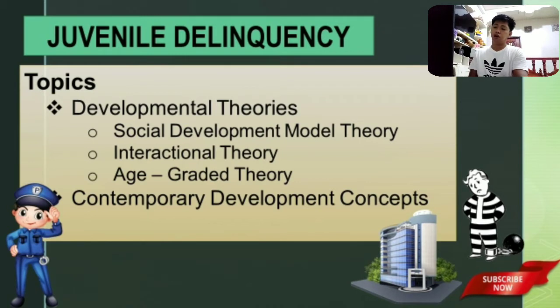Then we might want to talk about some of the contemporary developmental concepts, which has quite a lot of topics. But basically, we would want to summarize everything so that it would be much more understandable. Without further ado, let us jump right into our discussion.